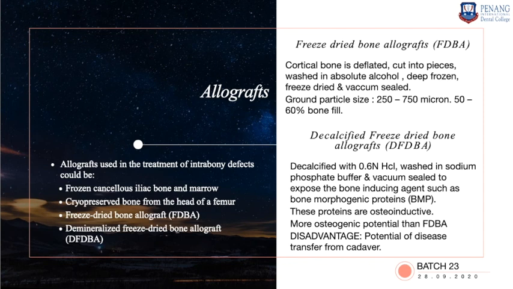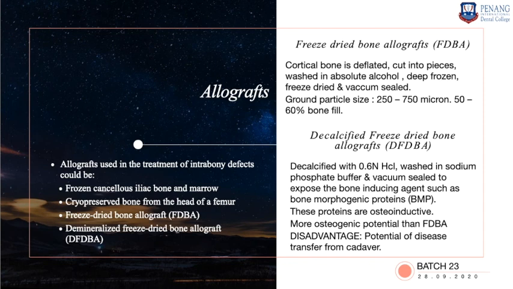Most of the time the allograft will be available either as a block graft or as a particulate graft. For an intrabony defect, we usually use a particulate graft in the form of either a freeze-dried bone graft or a decalcified freeze-dried bone graft.